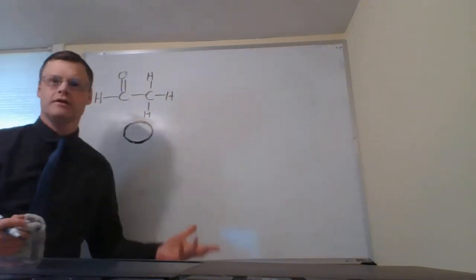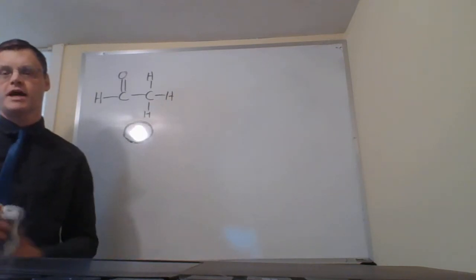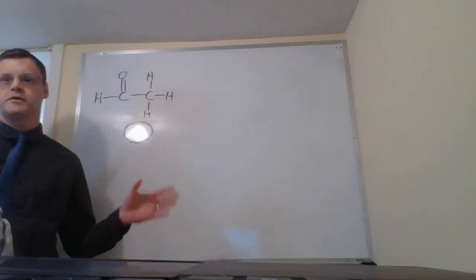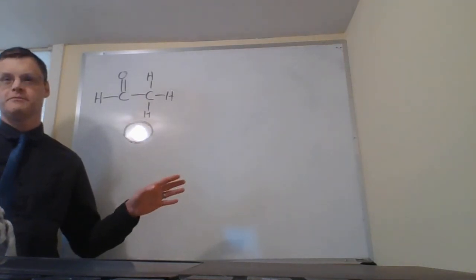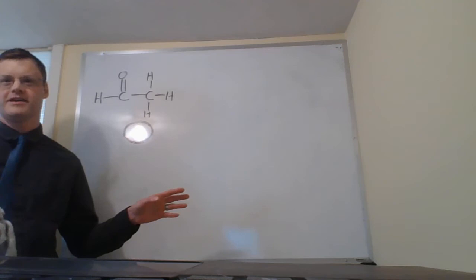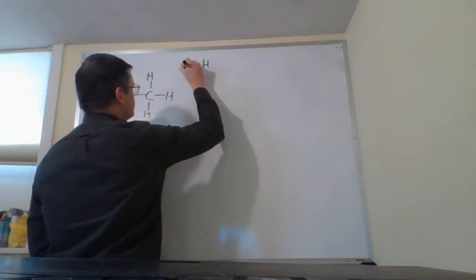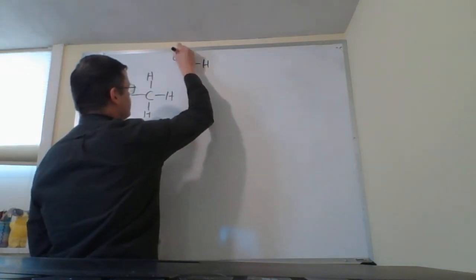So remember, this is a base catalyzed reaction. So when we're drawing our intermediates, we want to make sure we don't have too many plus charges floating around, because that's going to be a sign that we're doing something wrong. Remember, sodium's just a spectator. So we're going to use the hydroxide here.